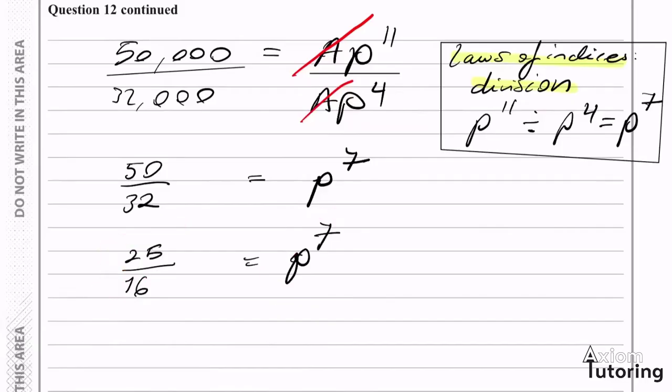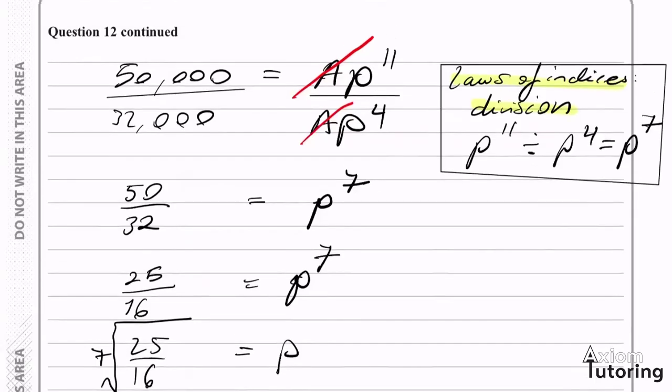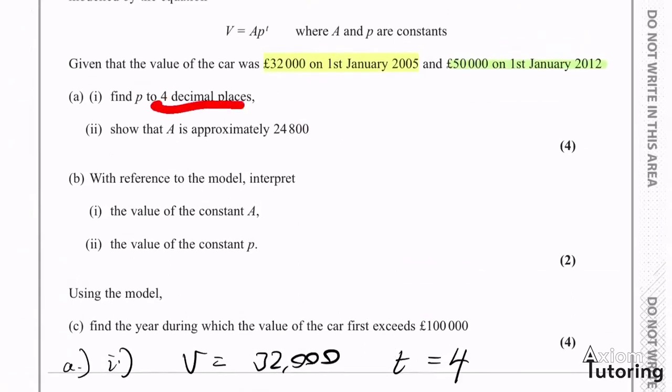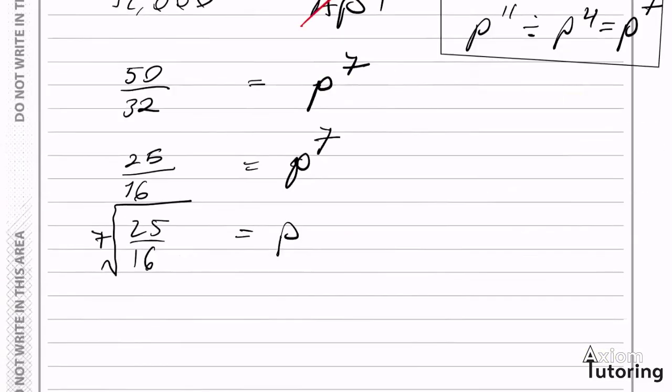So the way you can write this is P is equal to 25 over 16 to the 7th root. And then all you need to do is plug that into your calculator, because you want the value to 4 decimal places. So that's going to be the remaining mark. So just plug that into your calculator.